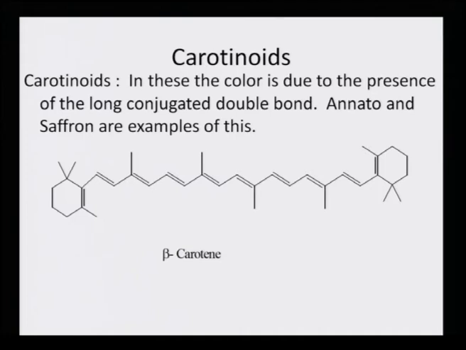Because the electrons are highly delocalized throughout the molecule, it absorbs at a longer wavelength, and reaches the orange red color of the visible region of the electromagnetic radiation. So, these structural details are very important in deciding the color of the dye molecule, whether it is from the natural source or from the synthetic source.